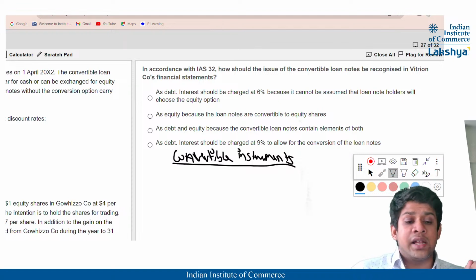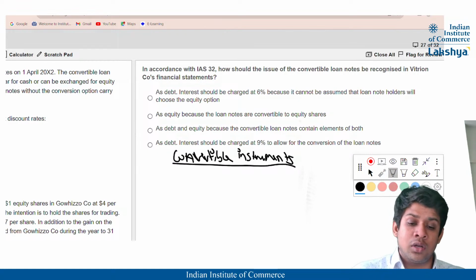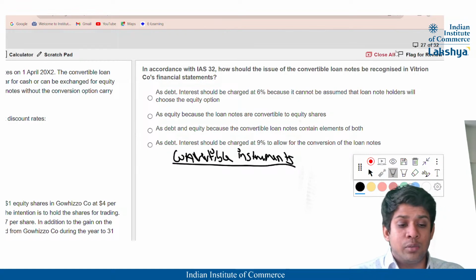If they convert it at the second year end, I have paid them interest for two years, so I will say that you have enjoyed the interest for 2 years and I will give you fewer shares now. For the third year, you have enjoyed 3 years of interest, so I will give you even fewer shares now. So those are convertible instruments. I hope the concept is clear to you all.